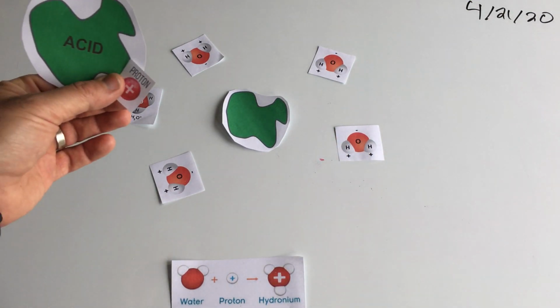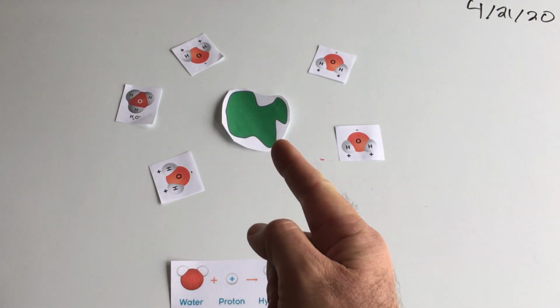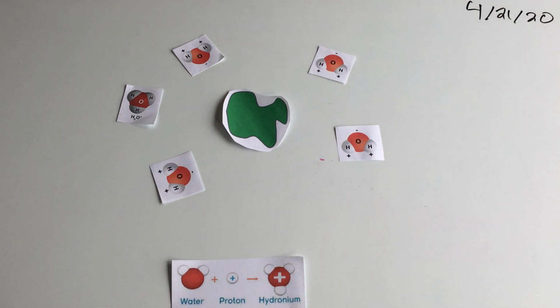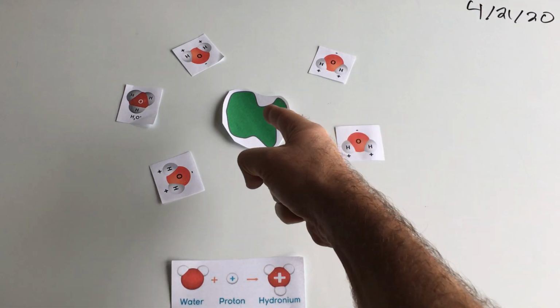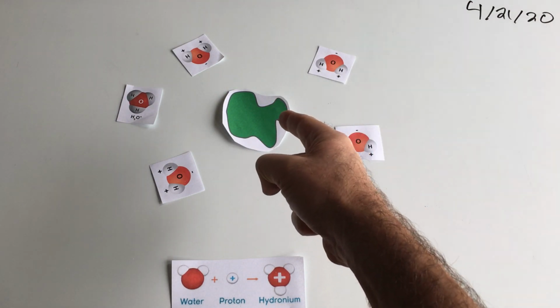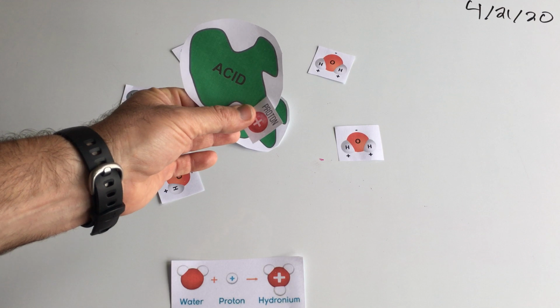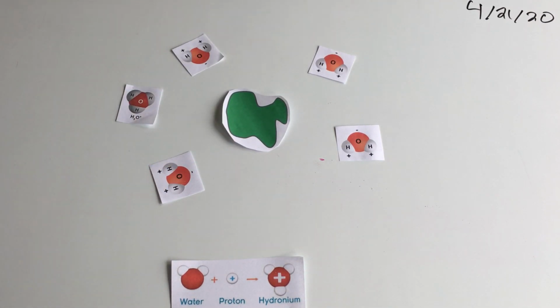You are only an acid if you have an acidic hydrogen. The moment you lose that acidic hydrogen, you lose the name, and now you're just a substance. So, quick recap. If you don't have an acidic hydrogen, I don't know what you are, but you're not an acid. If you do have an acidic hydrogen, then you are an acid. Ding!